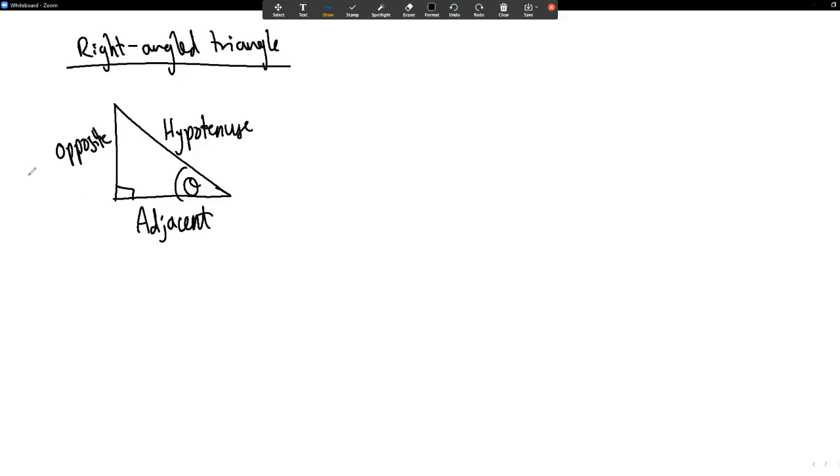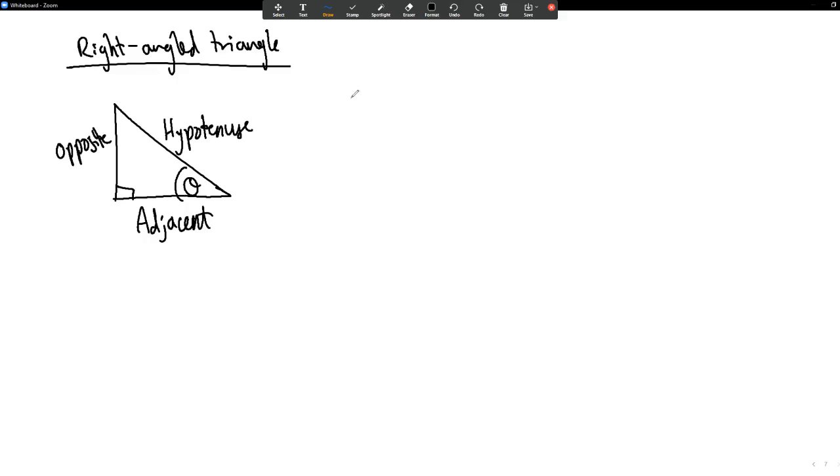Right. So now that we've labeled these, we can actually start working with them. So we can use sine, cos, and tan to work out sides of a triangle or angles of a triangle.